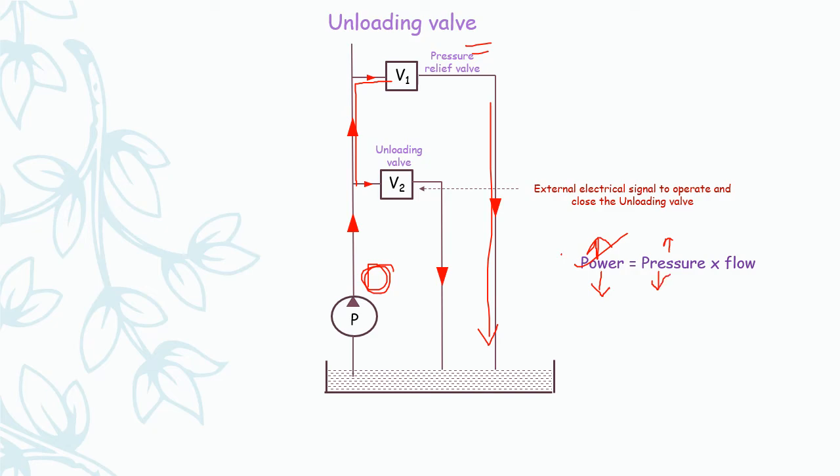So in order to reduce the power loss during no load conditions, we have to reduce the pressure loss. This reduction is achieved by using an unloading valve.